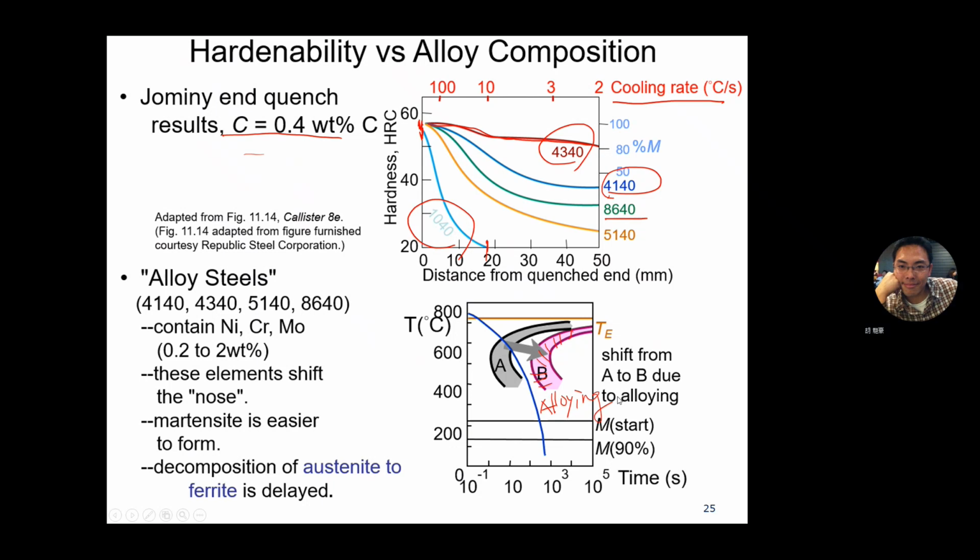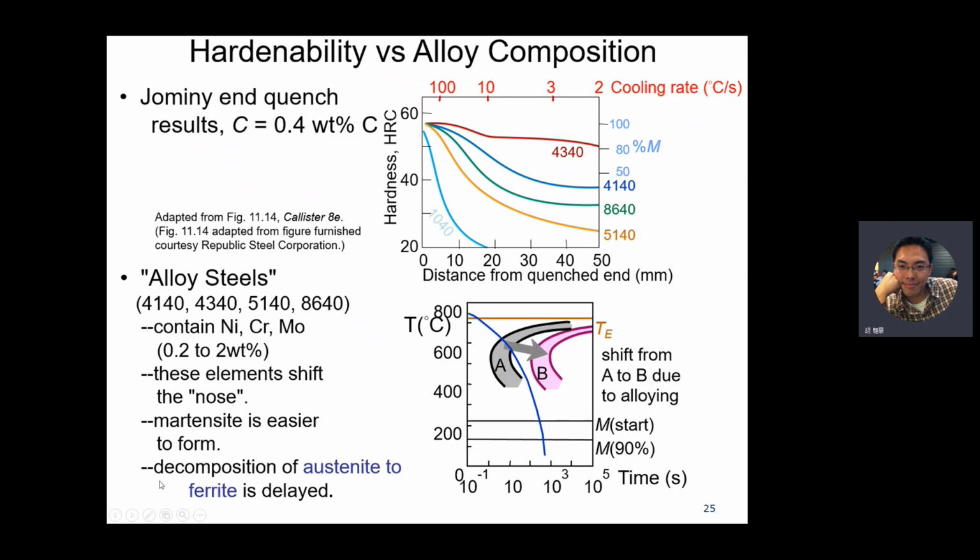A is the iron-carbon system, and for steel or cast iron, the ferrous metals with alloying, this curve will shift from A to B. So what does this figure tell us?